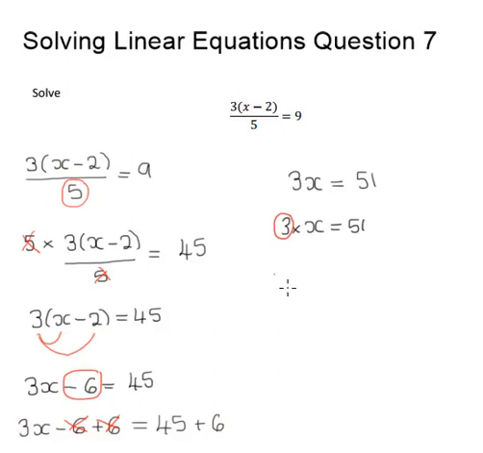So we'll have 3x divided by 3 on the left, and on the right we'll have 51 divided by 3. So as you can see on our left, our 3s are going to cancel. 3 divided by 3 is 1, which will leave us with x equals 51 over 3. Well, I'm not going to work that out because I think that'd be quite a horrible number. So please feel free just to leave it as a fraction.